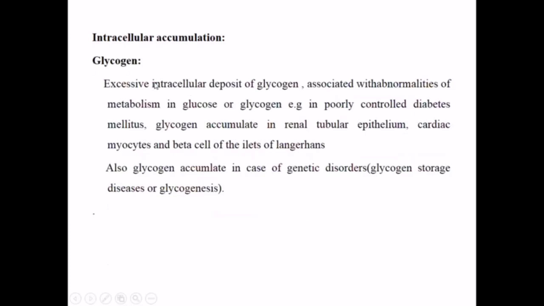Glycogen also can be deposited excessively inside the cell, associated with abnormal metabolism of glucose and glycogen, and poorly controlled diabetes mellitus, or glycogen accumulation in renal tubular epithelium, cardiac myocytes, and beta cells of the islets of Langerhans.